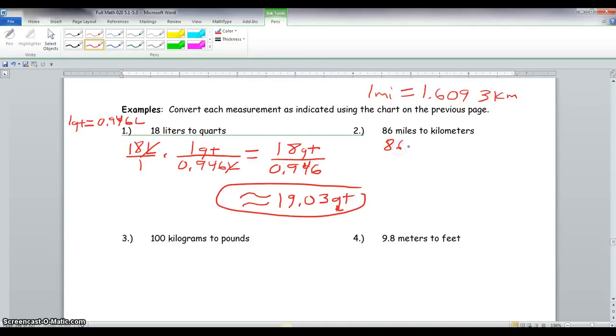You add 86, and I'm going to abbreviate miles with MI, over 1 times, we want to get rid of miles, so it'll be 1 mile, and then in the numerator you add 1.6093 kilometers. Okay, now miles will simplify out with miles, and then you would just take 86 times 1.6093.